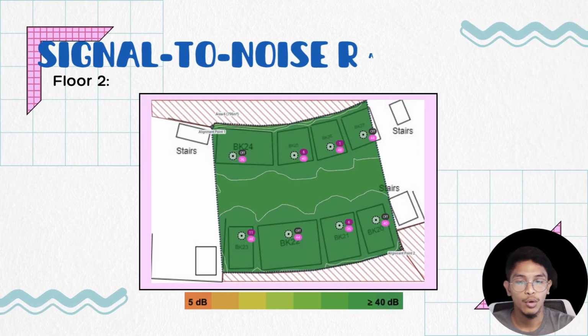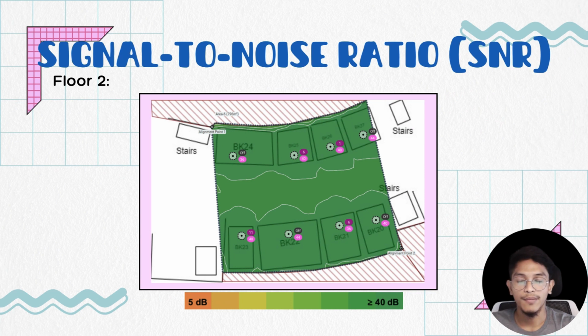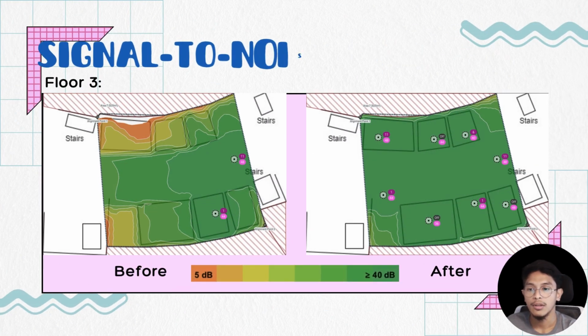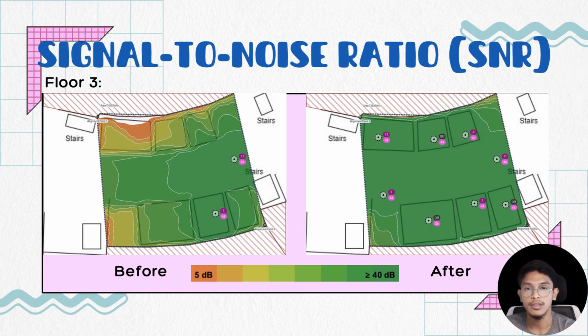For floor 2, the second floor, before this there was no AP on this floor, but we propose to put APs on this floor, and the signal to noise ratio is good. For the third floor, before the proposed design, the signal to noise ratio was pretty good, but we want to cover all of the areas. After we propose, the signal to noise ratio covers all of the area.